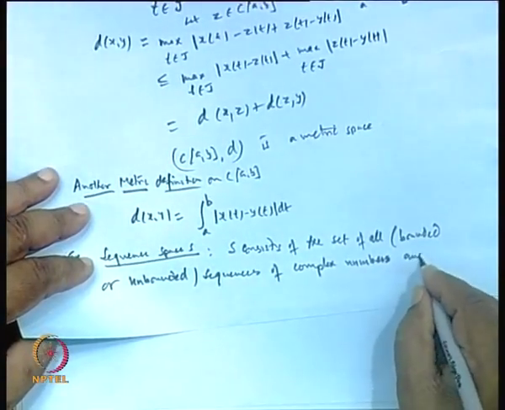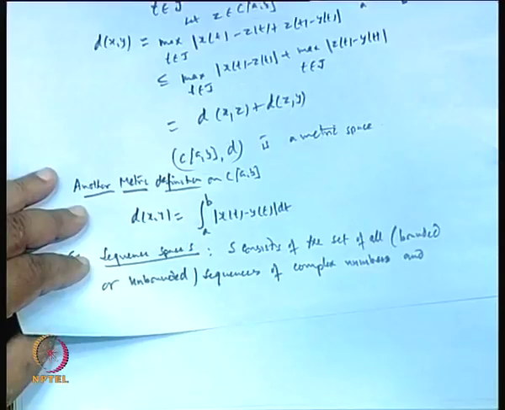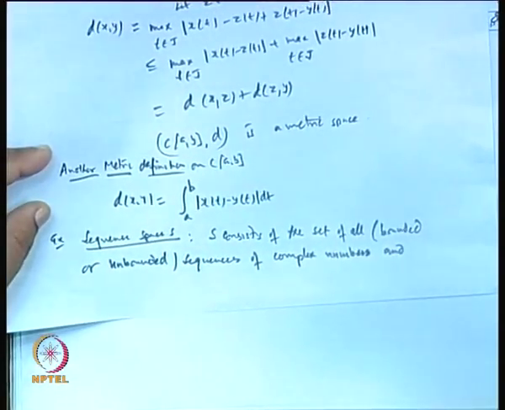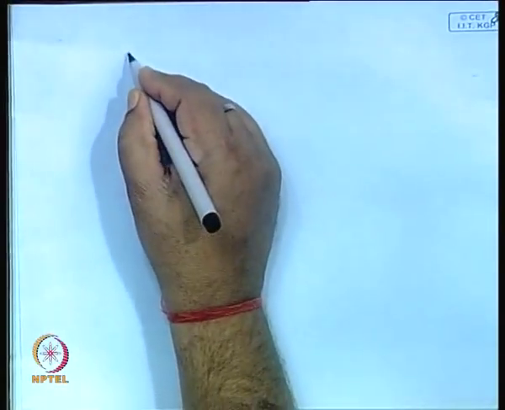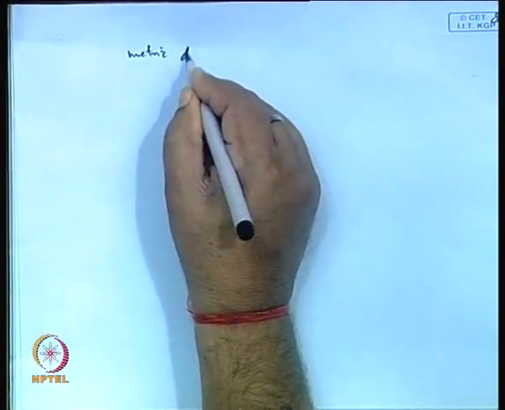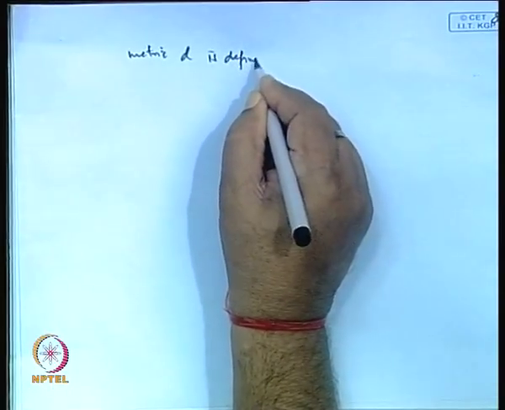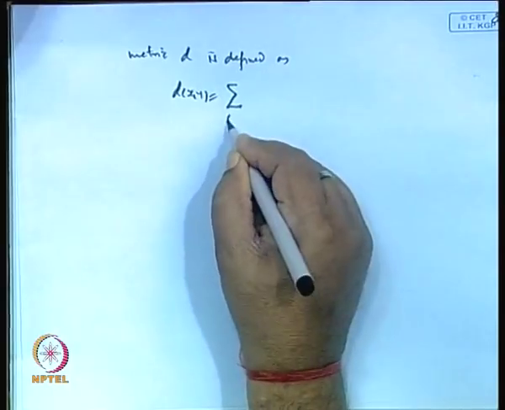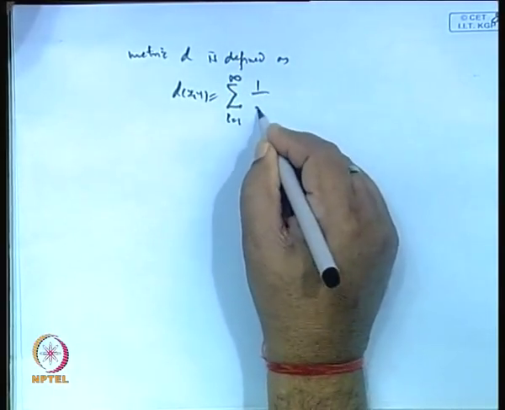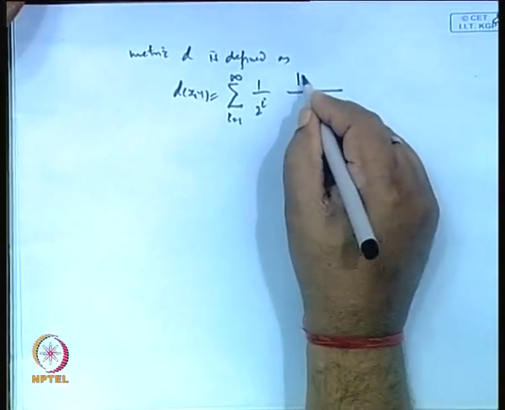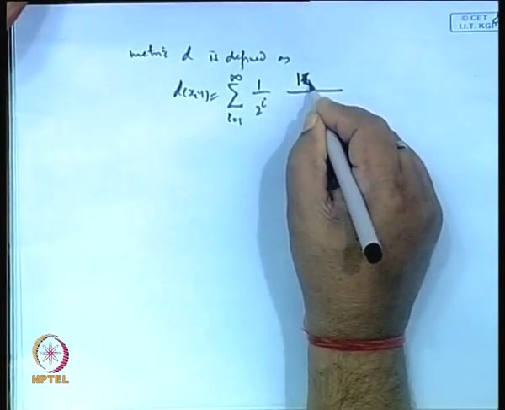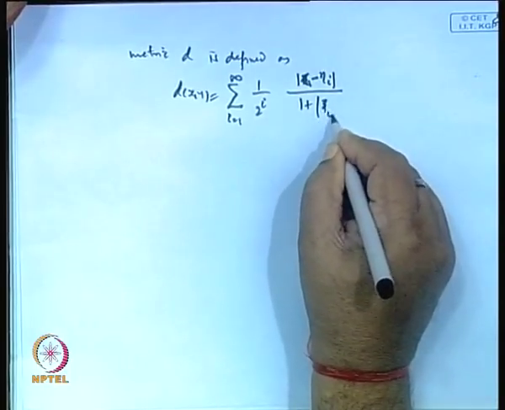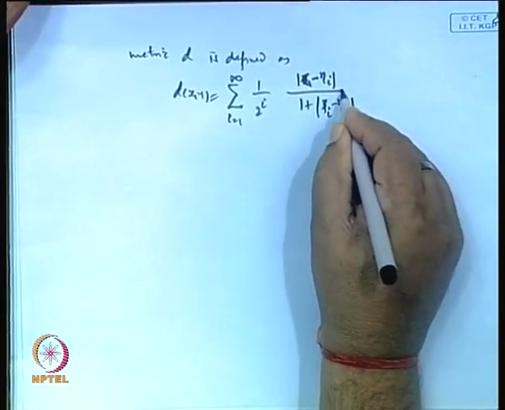and the metric d, which we define as d(x,y) = sigma i is 1 to infinity of 1 by 2 to the power i times |x_i - eta_i| over 1 plus |x_i - eta_i|.